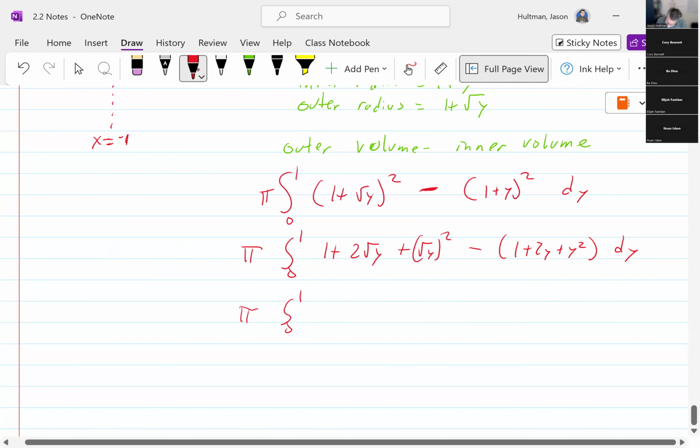This is 1 plus 2 radical y plus y minus 1 minus 2y minus y squared.